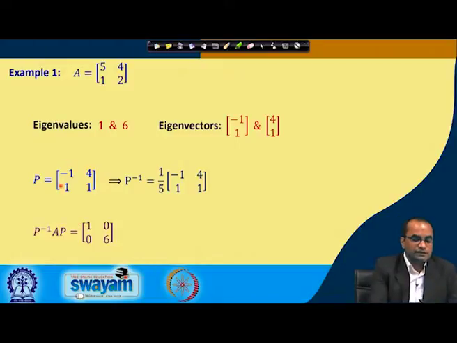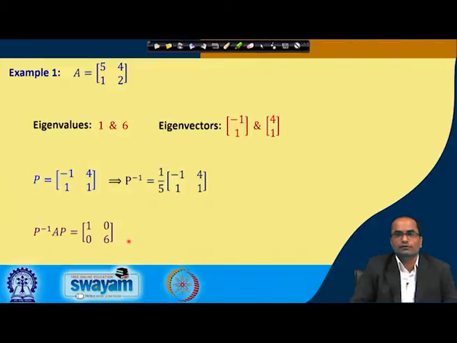Whether we multiply the eigenvectors by some scalars does not matter; P inverse AP will lead to the same diagonal matrix whose entries will be 1 and 6. The only thing that matters is the order in which we place the eigenvectors as columns; in the same order the eigenvalues will appear.